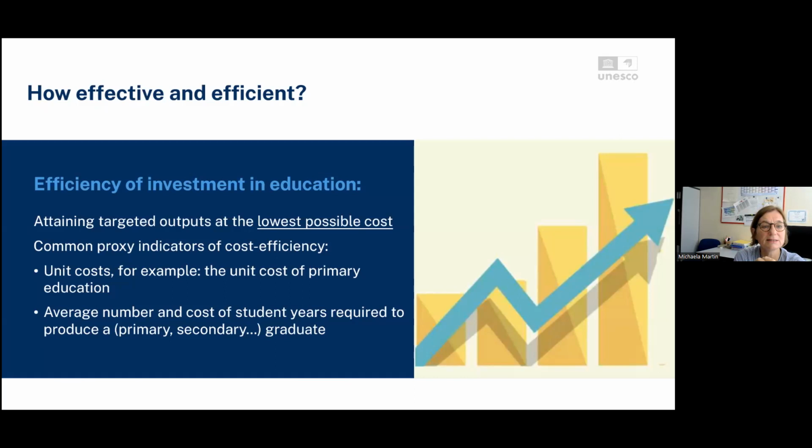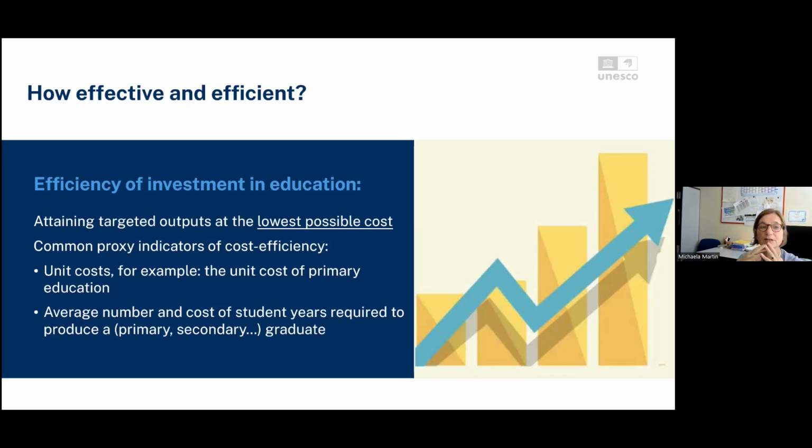Efficiency basically means attaining targeted outputs with the lowest possible cost, at the lowest price, in other words, the lowest mix of cost items to achieve a set number of goals and objectives. And what we are using here as proxy indicators is unit costs, for instance, the unit cost of primary education.